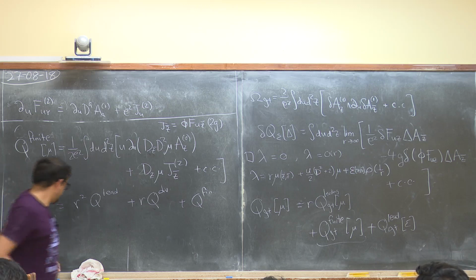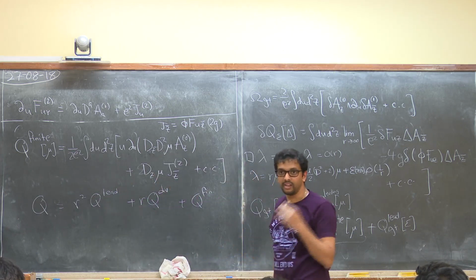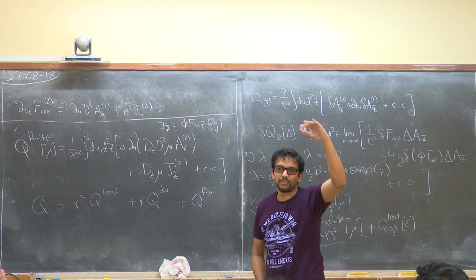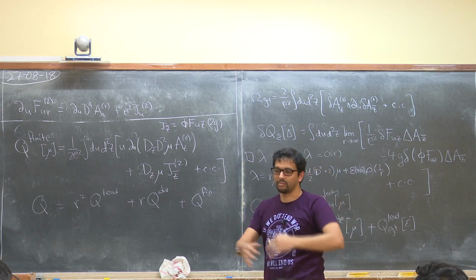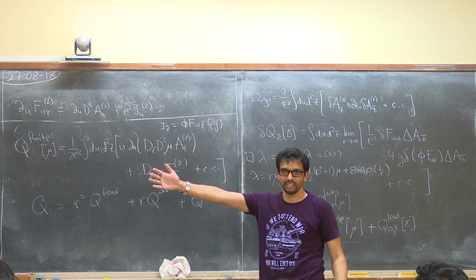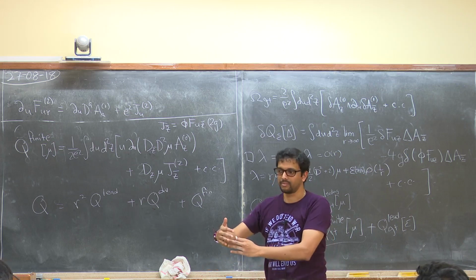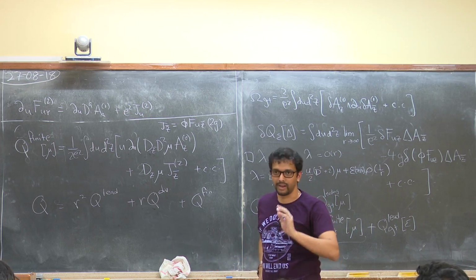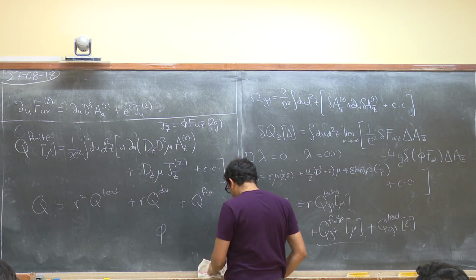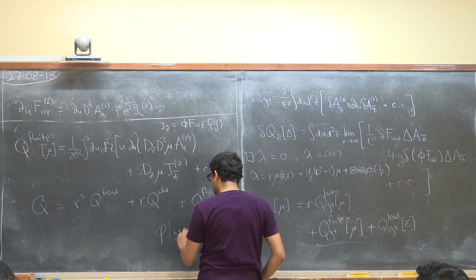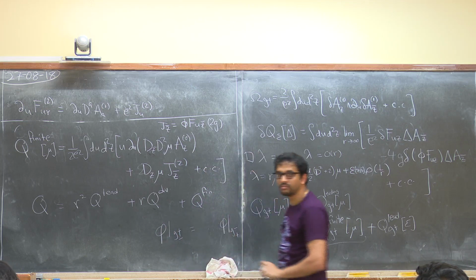Suppose there exists some field that has this special property: when I give you a profile on scri minus, I evolve it into the bulk, do all sorts of complicated things, and it comes out in the future. The properties of the equations are such that the field evaluated at scri plus minus happens to be equal to scri minus plus. So suppose there exists a field phi whose value at scri plus minus is equal to the same field phi at scri minus plus, antipodally.